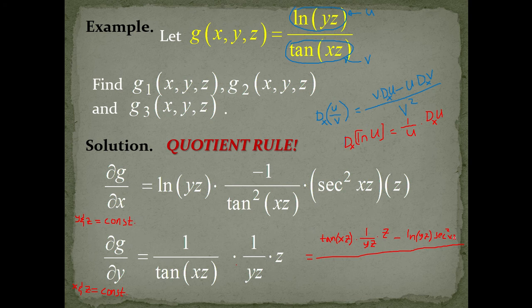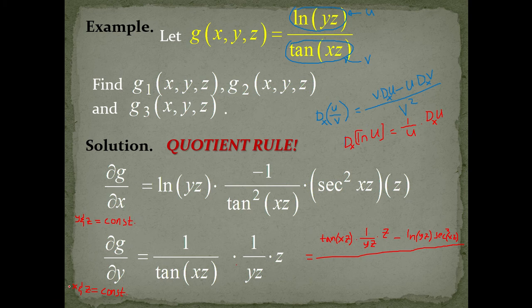Okay, and then you have to differentiate. It is our u, class. Our u is xz. After you take the derivative of tangent, which is secant squared, then take the derivative of xz.